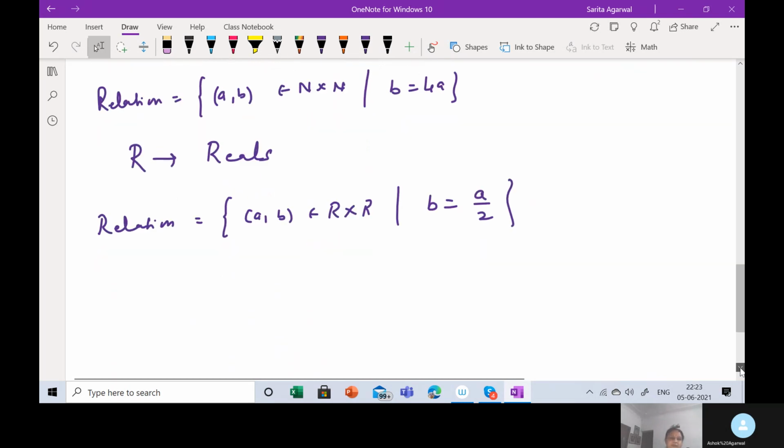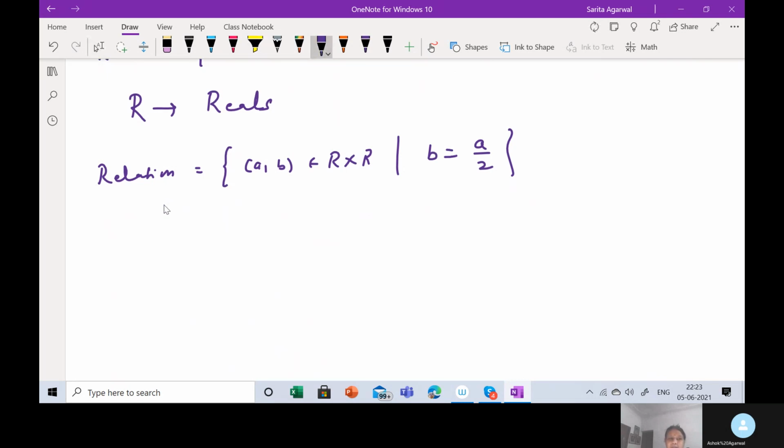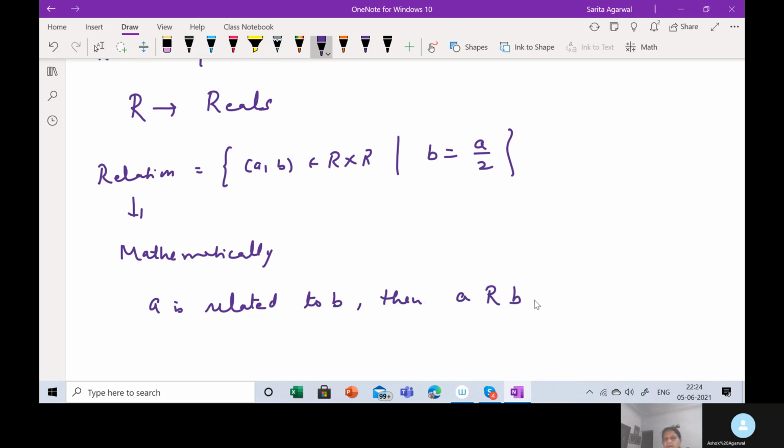Since we have taken these relations, how to write them mathematically? So, how to write a relation mathematically? If A is related to B, then we write it this way.